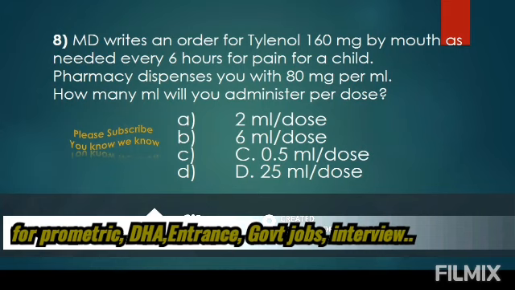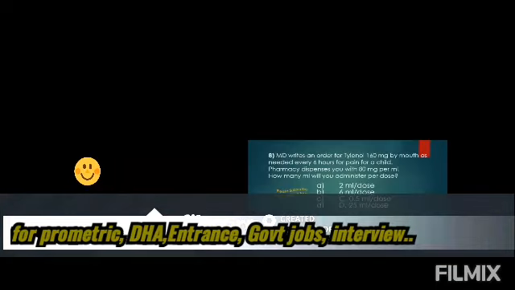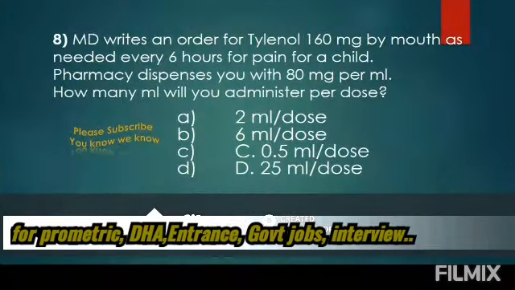So here don't focus on the timings, do not focus on any other things, just focus on the doctor's order divided by stock strength multiplied by total volume. The answer: 2 ml, 6 ml, 0.5 ml or 25 ml.